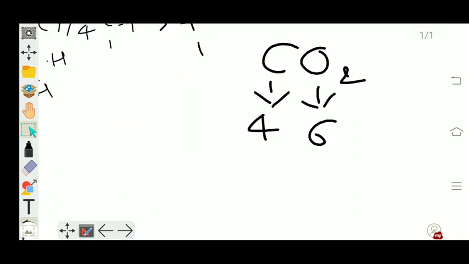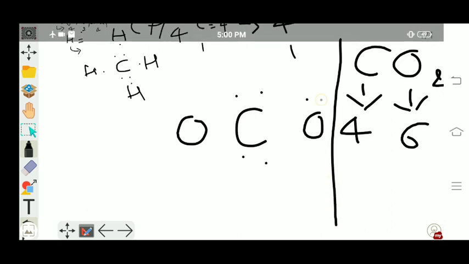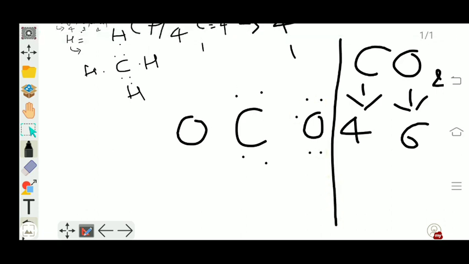Carbon has 4 electrons, and the 2 atoms of oxygen each have 6 electrons: 1, 2, 3, 4, 5, 6, and 1, 2, 3, 4, 5, 6.